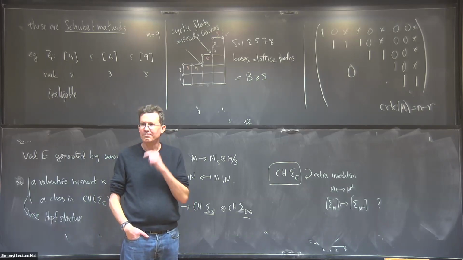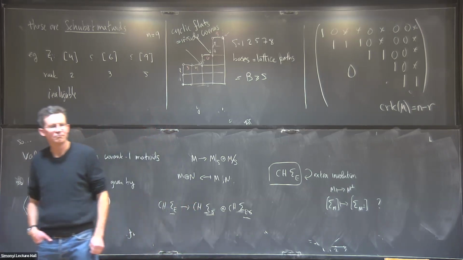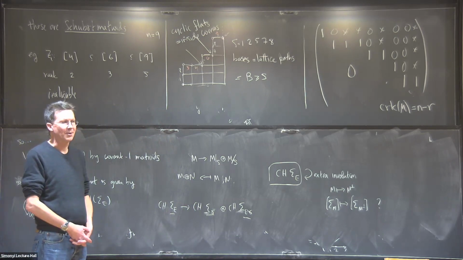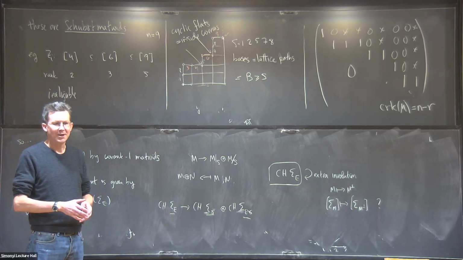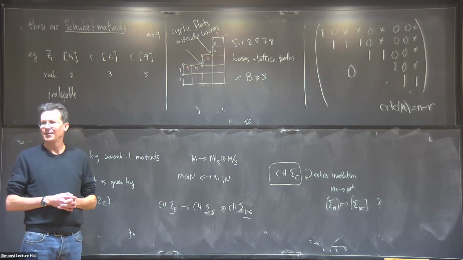Yeah, so maybe there's something interesting that can be said. Do you multiply two Schubert matroids? Yeah, right. So what are the structure constants when you multiply Schubert matroids? Is it interesting? I don't know. Anybody else know?